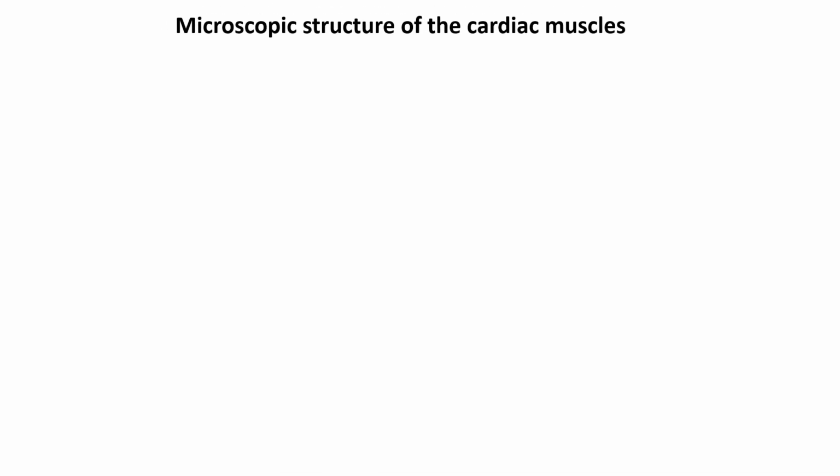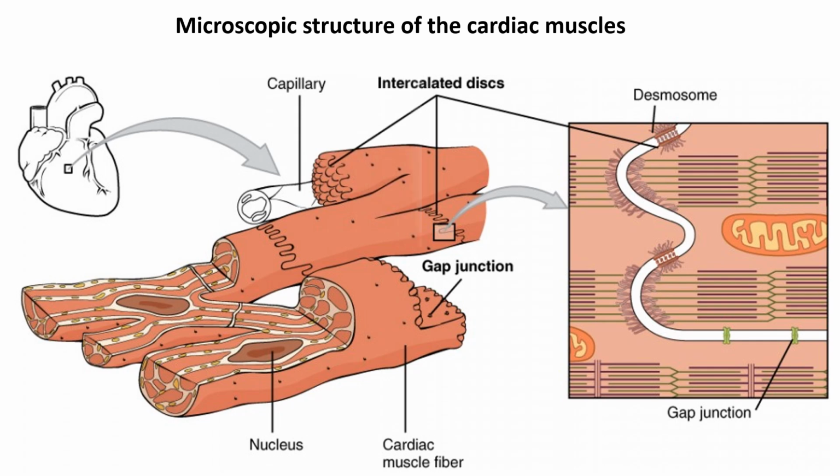Microscopic structure of the cardiac muscles. This is the cardiac muscle of the heart. This is the heart. We have the capillaries. We have the intercalated discs. This is how they look like.